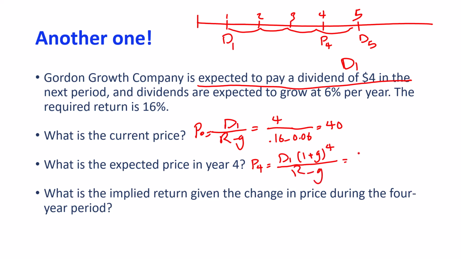Denominator stays the same, so you'll have $4 times 1.02 raised to the power of 4 over 16 minus 6. So in this one, you should be getting, let me just calculate it.